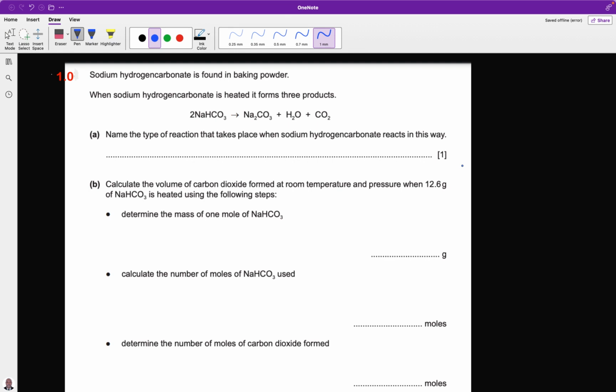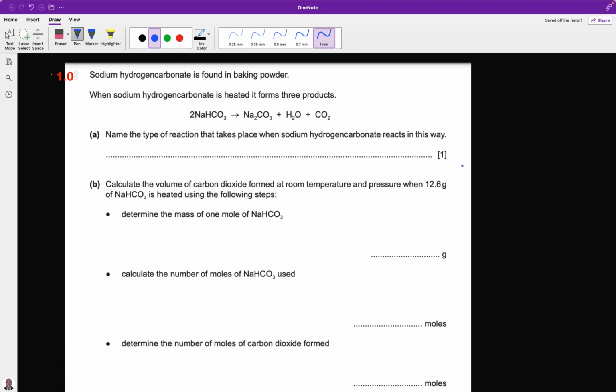Fellow learners, when you see a reaction decomposed in this way, broken down into other products like sodium carbonate, water, and carbon dioxide from sodium hydrogen carbonate, we call this type of reaction thermal decomposition.